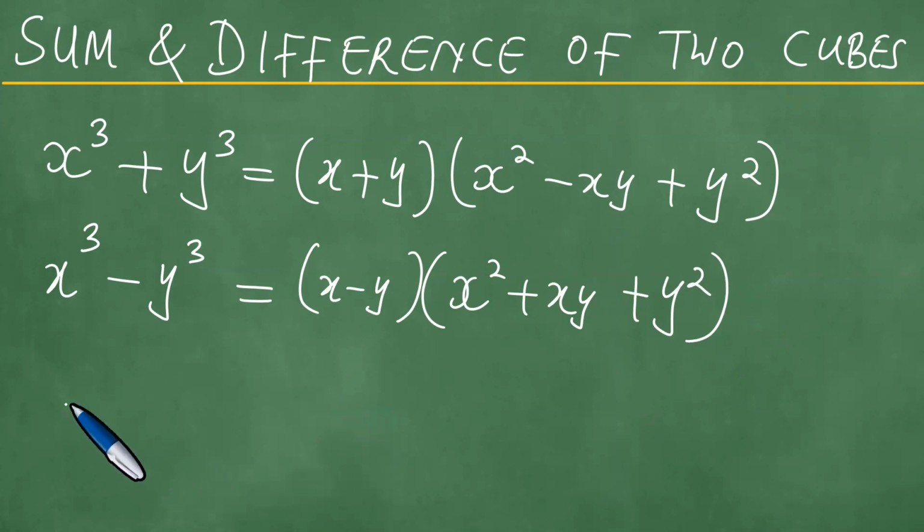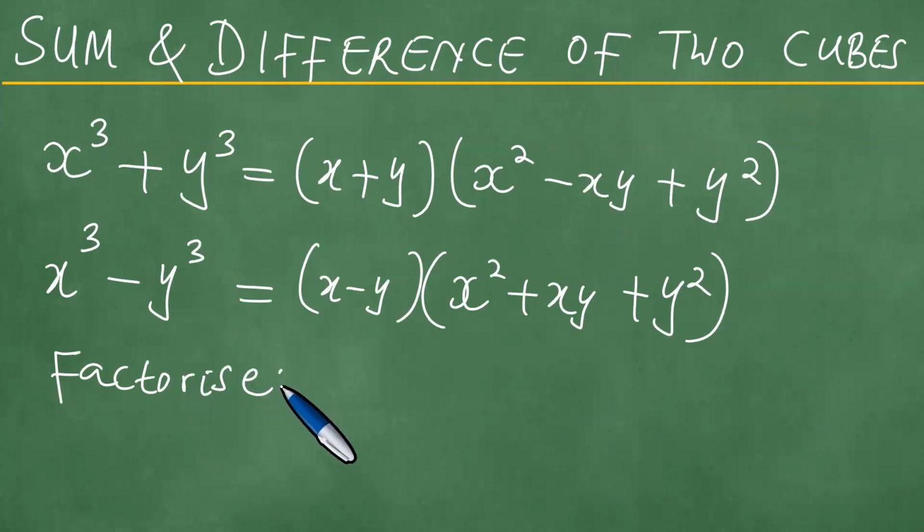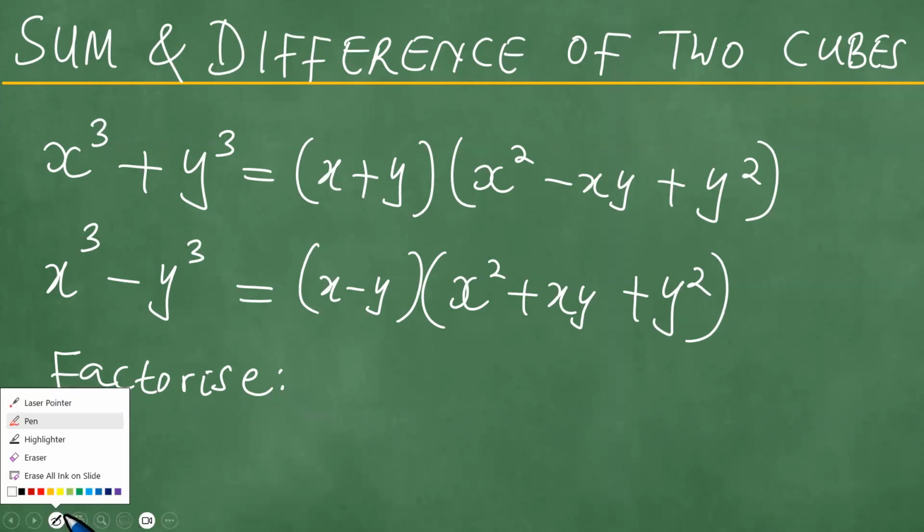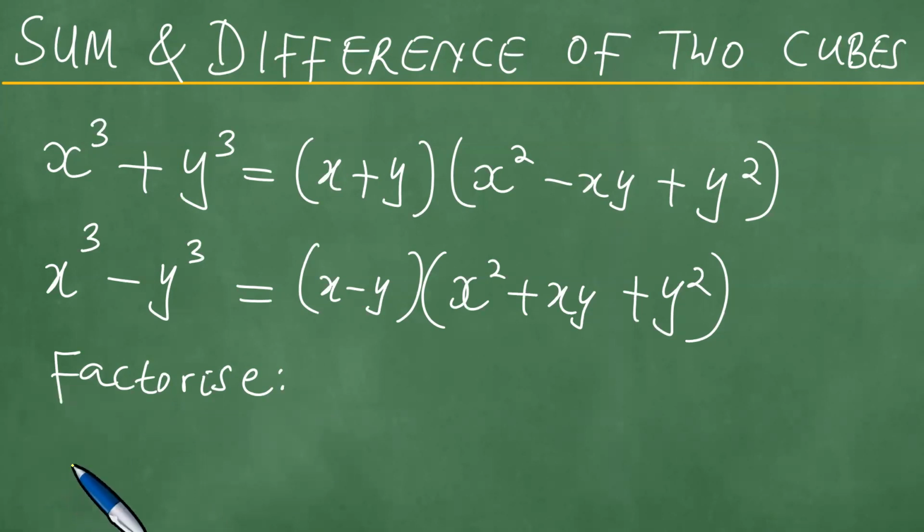I'm going to give you a small exercise, and we say factorize 16y cubed minus 432. Okay, I'm giving you like 2 minutes, please.